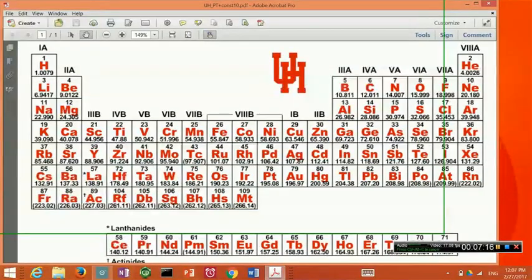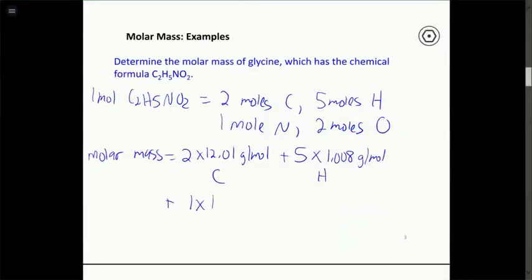Nitrogen is number 7 here, and the atomic mass, which is what we need, is 14.01. You'll start to, whether you try to or not, start to memorize a bunch of these that you use all the time. So nitrogen is 14.01. And then finally we have 2 oxygens, and the atomic mass of oxygen is 16 if we find it in the periodic table.